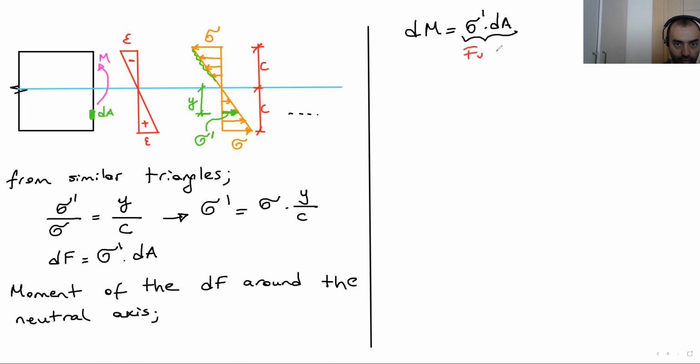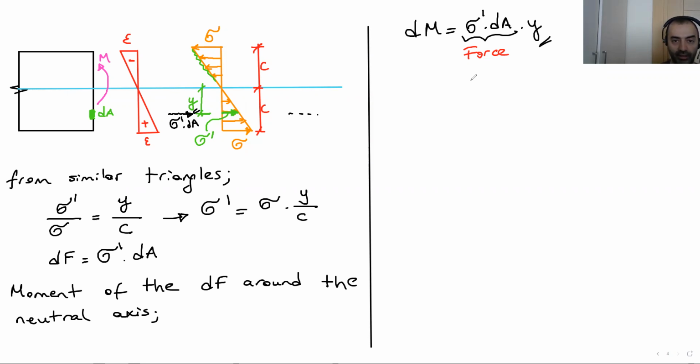This is the force. To define the moment, we need a force and a distance. So let's write the distance. The distance here is y, because the force is here. So we are going to calculate the moment around the neutral axis. Distance to this neutral axis is this y here. That's why I just wrote y here.